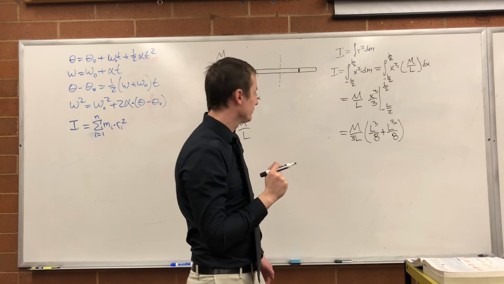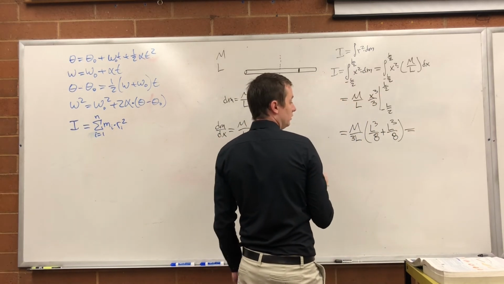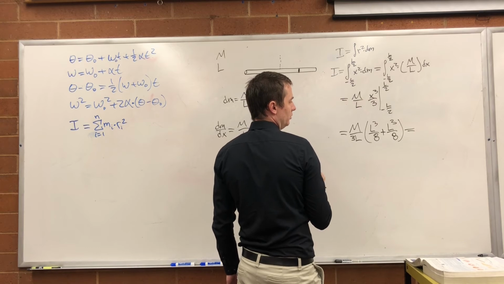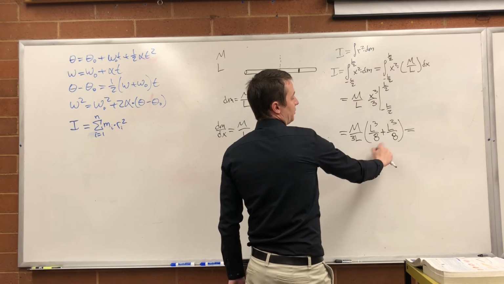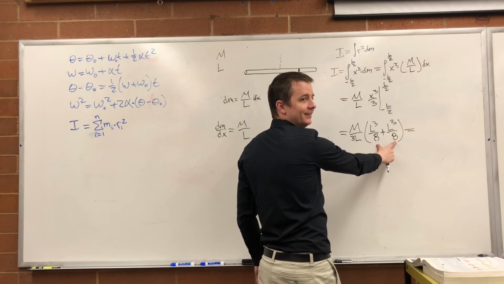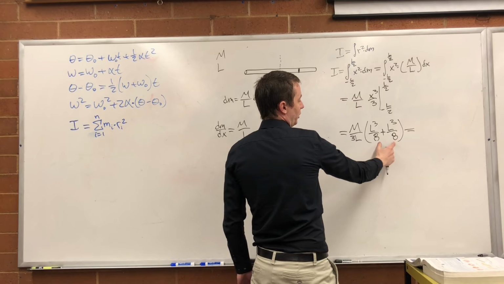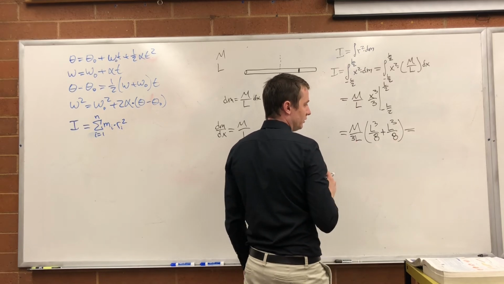So that's just what? 2 L cubed over 8? So, an eighth plus an eighth is 2 eighths, which is a fourth. Okay, so we have 1/4 times 1/3 is 1/12.